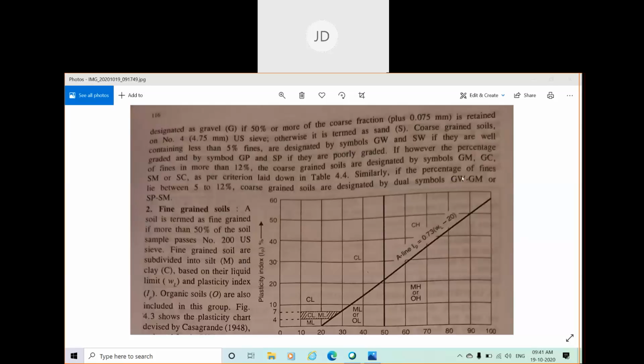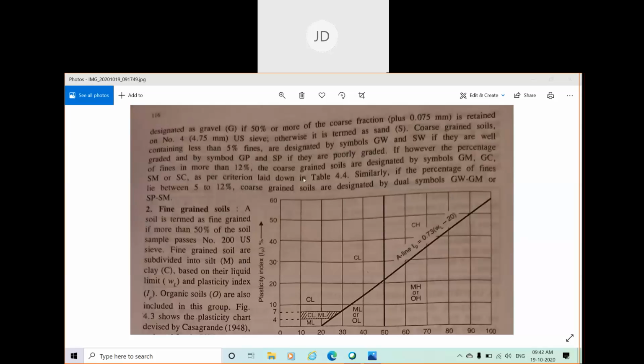It is also well graded gravel, and M stands for silt, so it is silty gravel. So from this dual symbol, you have to understand that it is a coarse-grained soil and it contains fines, or fine-grained soil, between 5 to 12%. So like this, coarse-grained soils are classified based on the Unified Soil Classification System.